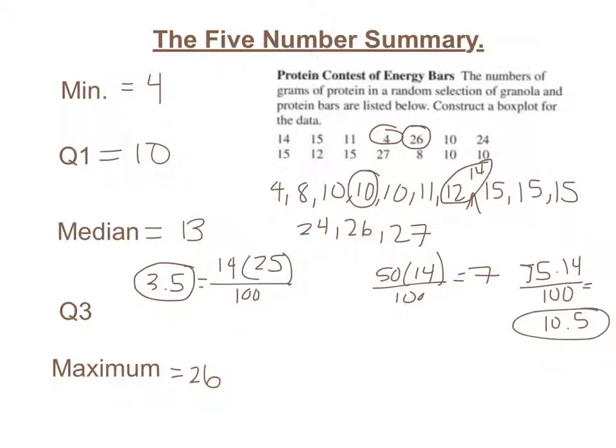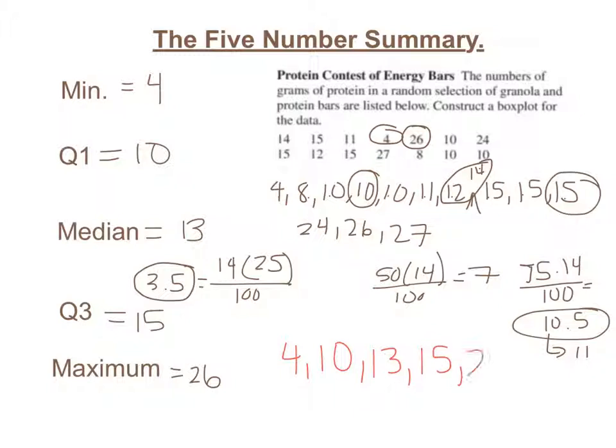That's a 10.5 position, it's not a whole number, so we move up to the 11th. 1, 2, 3, 4, 5, 6, 7, 8, 9, 10, 11. So Q3 is 15. So this is my 5-number summary: 4, 10, 13, 15, 26. Excellent. 5-number summary.